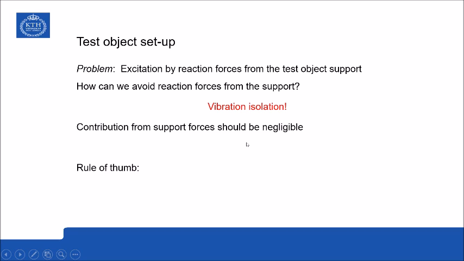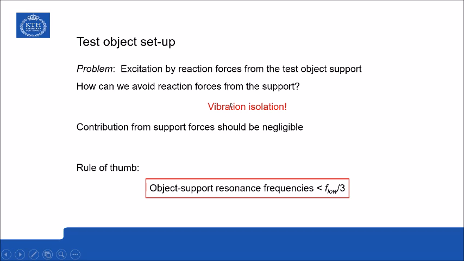And the rule of thumb here is to make the vibration isolation so weak that the resonance frequencies caused by placing the test object on the support must be lower than 1/3 of the lowest frequency of interest in the measurement.